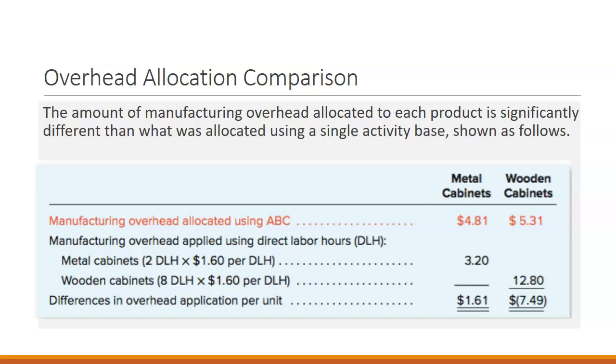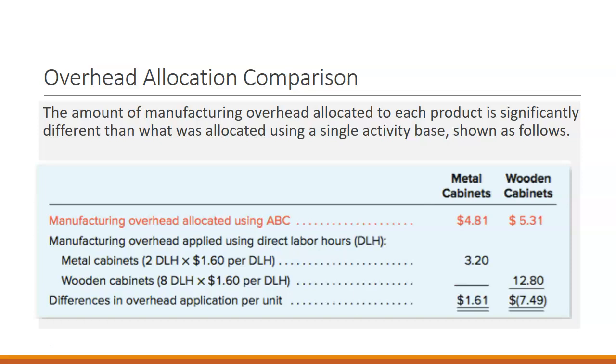So changing your overhead allocation method from a single rate of $1.60 per direct labor hour to an activity-based costing changes the amount of overhead you apply to each product, which then means that you can change the price that you charge for each product.